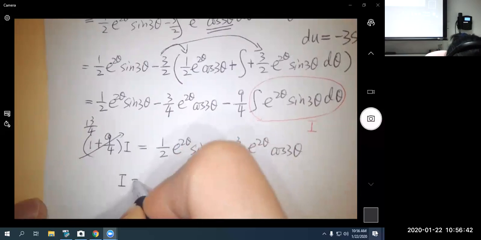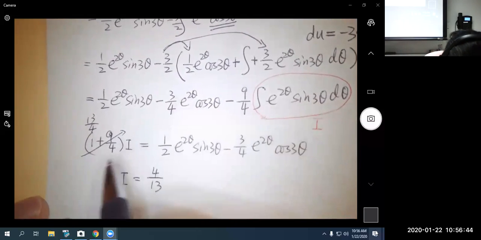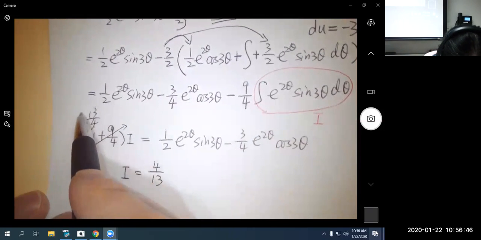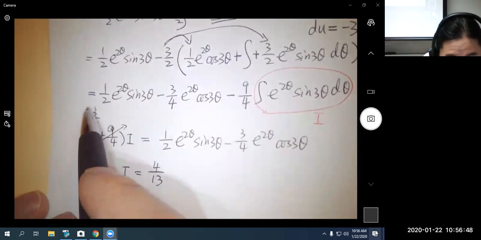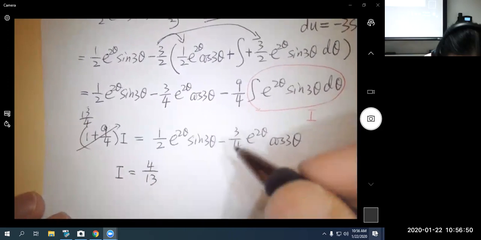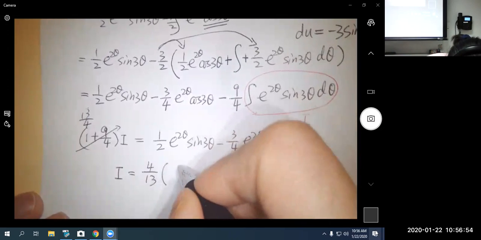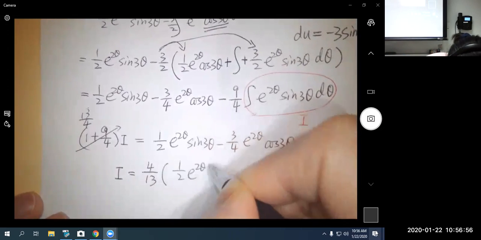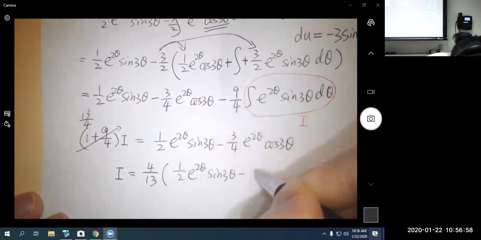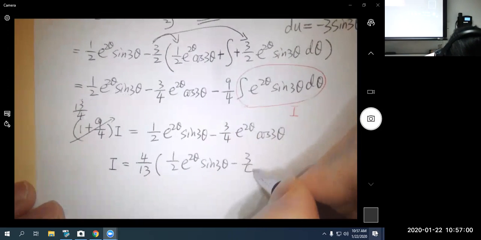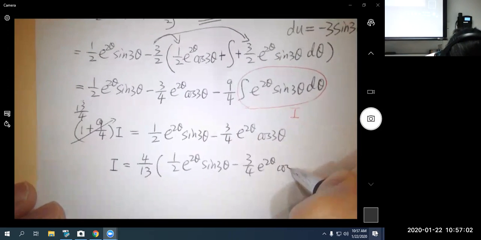So I equals 4/13, because if we multiply by 4/13, this cancels out with 13/4. The right side will be 4/13 times 1/2 e to the 2 theta sin of 3 theta minus 3/4 e to the 2 theta cosine of 3 theta.